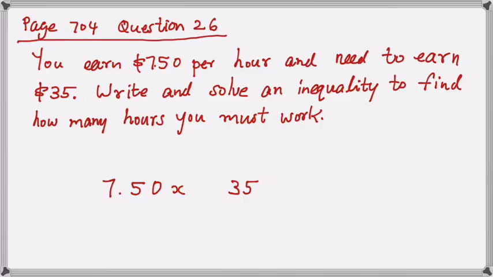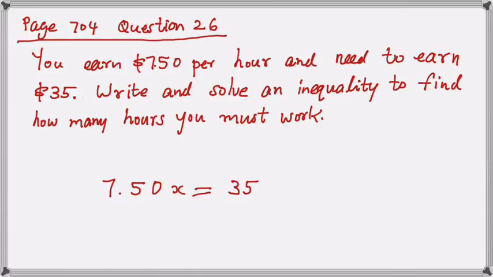So if you work X hours, you must make more money than, at least you should make $35, right? You should make at least $35. So $7.50 times X, that's the number of hours you work, okay?